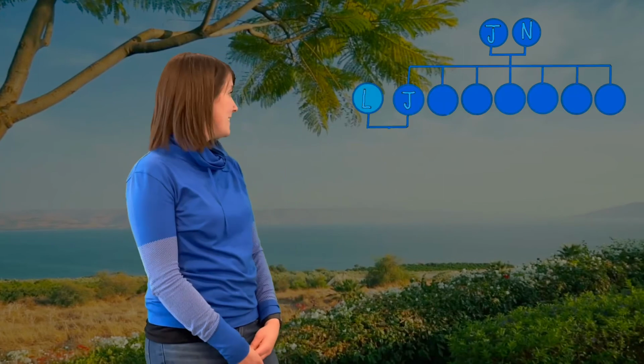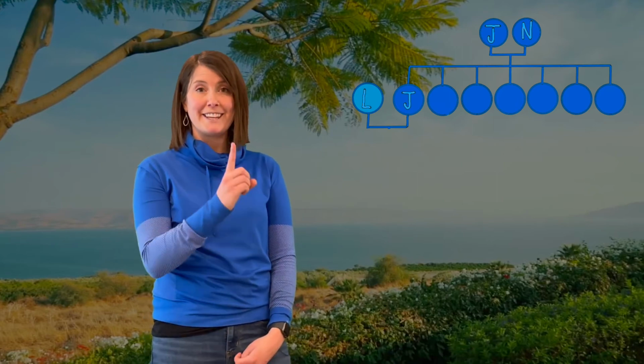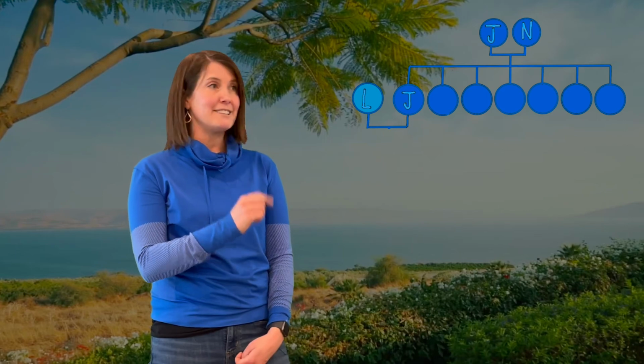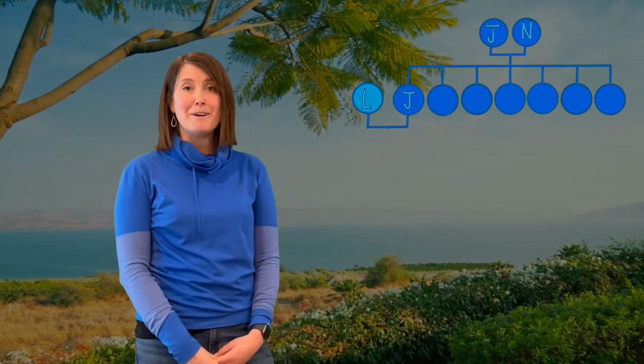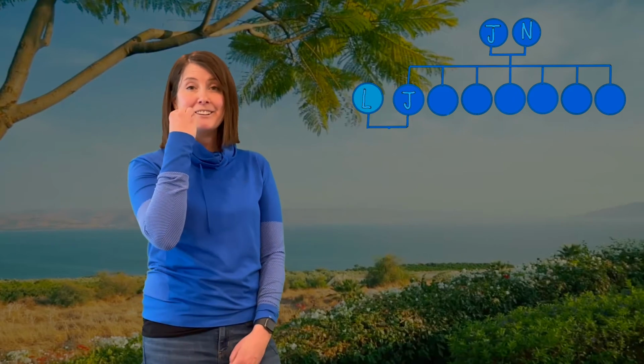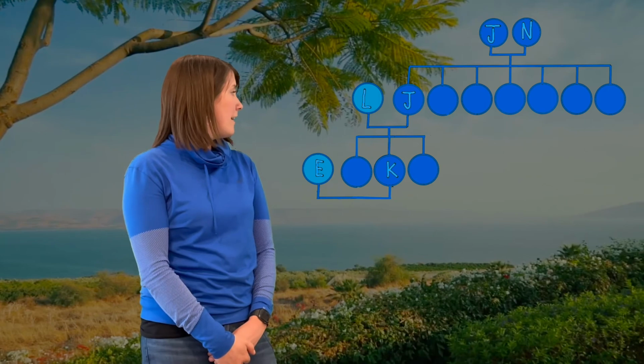Now, they had 7 kids. And their first kid that they had was my dad. Now, my dad married my mom, and they had 3 kids together, 3 girls. And I'm in the middle.